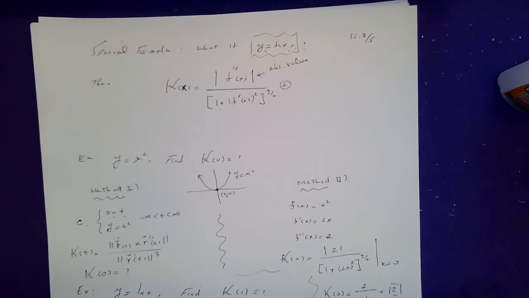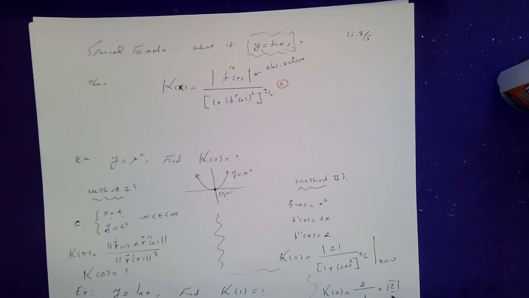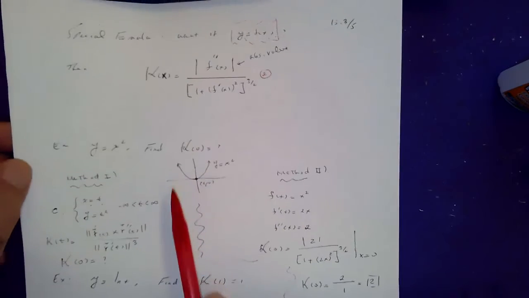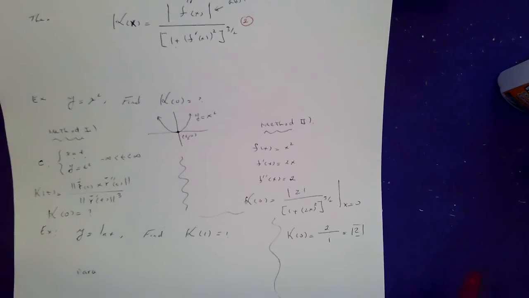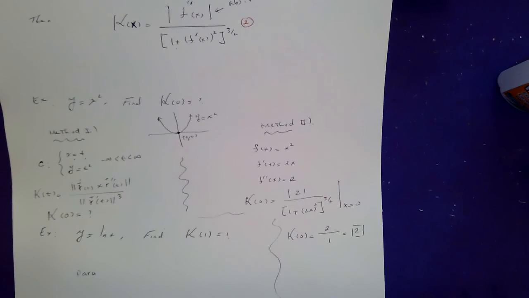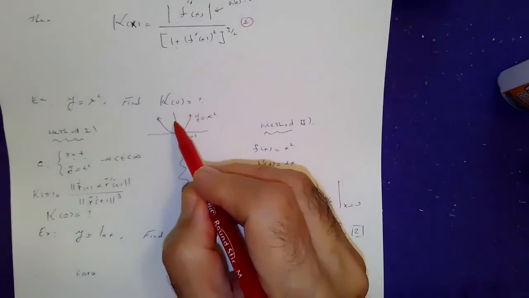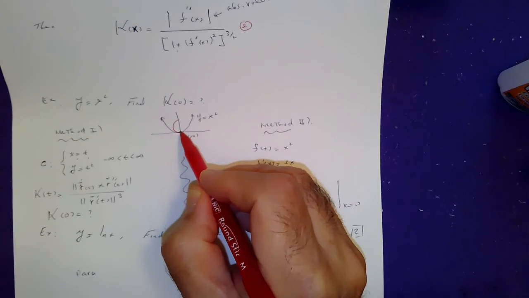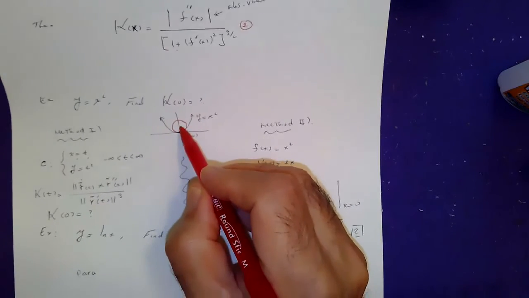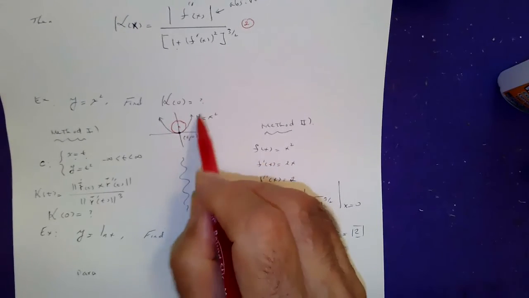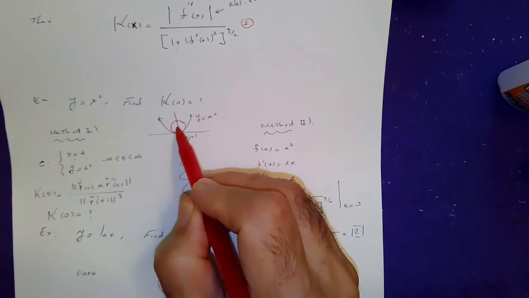So once again, the question is, what did I find? The curvature of the parabola at the vertex, when the parabola is opening up and the vertex is at the origin, is 2. But how much bend do I have? As I said, draw the osculating circle, and make sure it's tangent to the curve at the point.